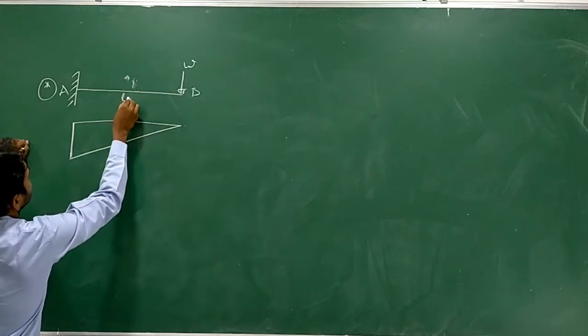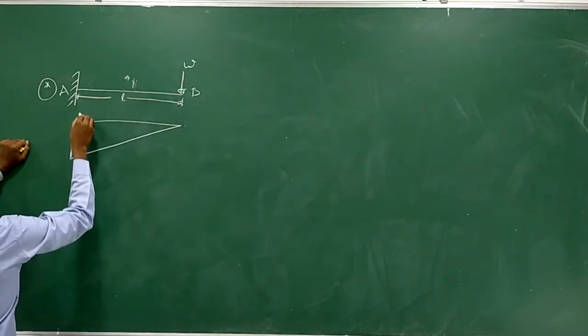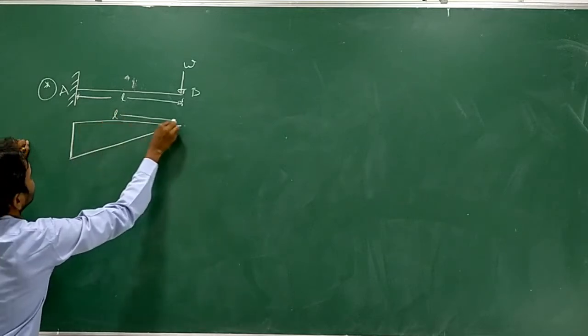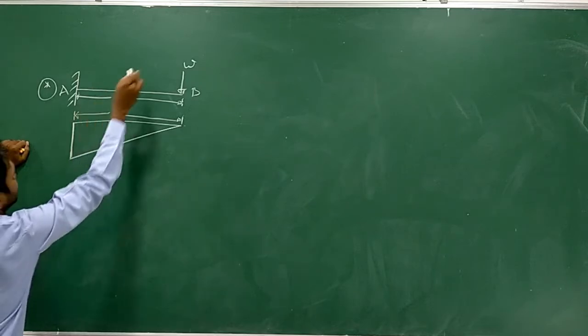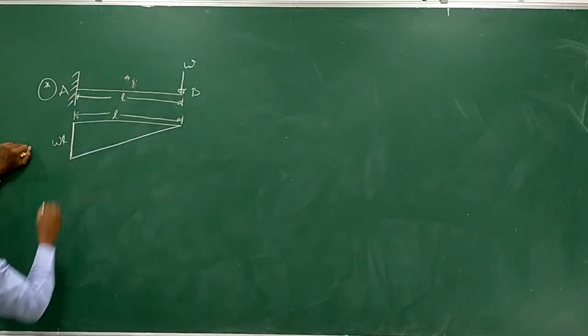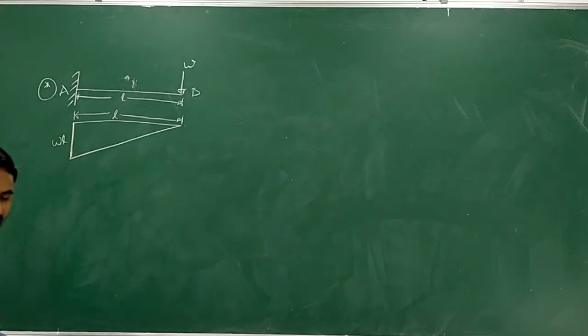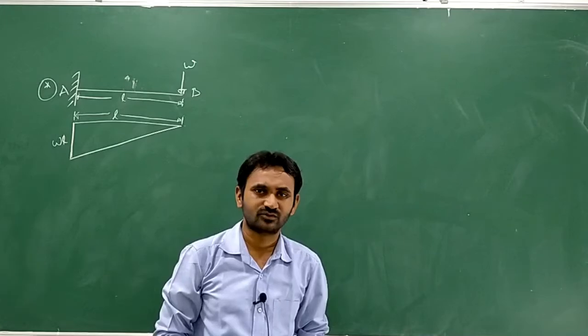This is W, let this be L, right? Now this will also become L because this is the length, and the distance is L, so W into L. So my moment will be WL.